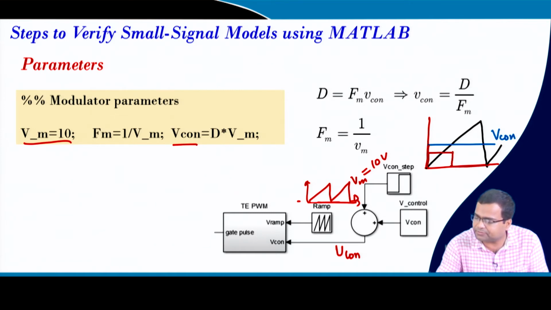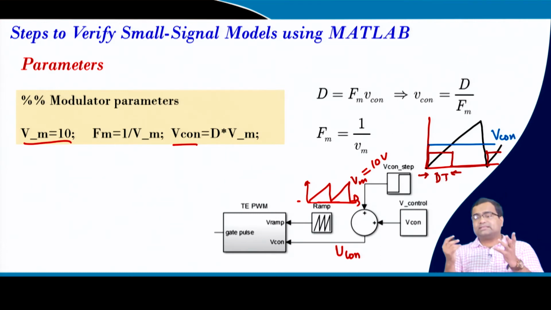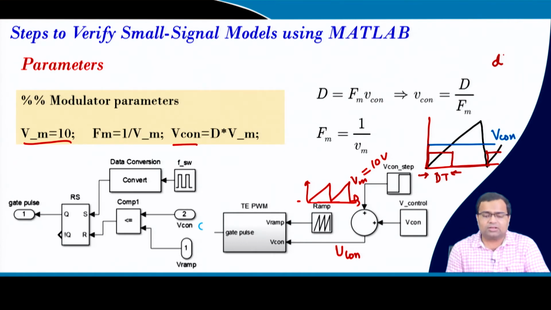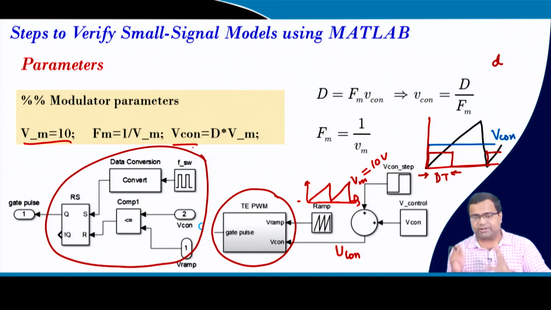This will be my D into T. You can say instantaneous duty ratio is d, and if it is the steady state duty ratio, it will be capital D. So, the logic inside the trailing edge PWM is implemented here. This is the block which is implemented.